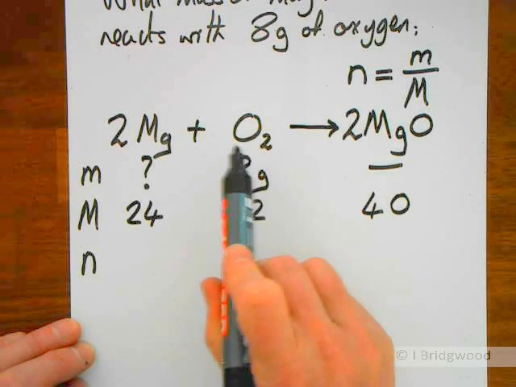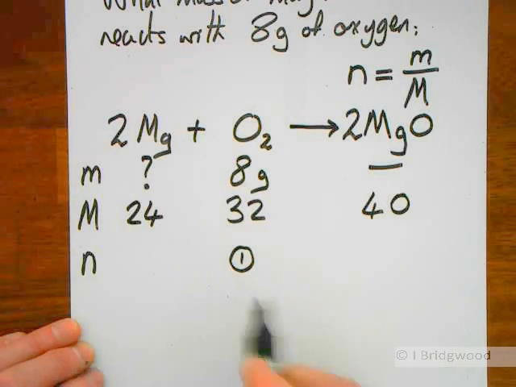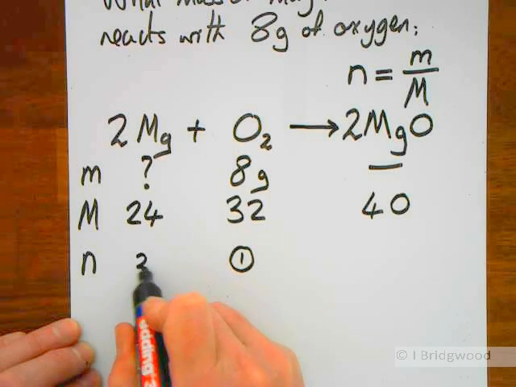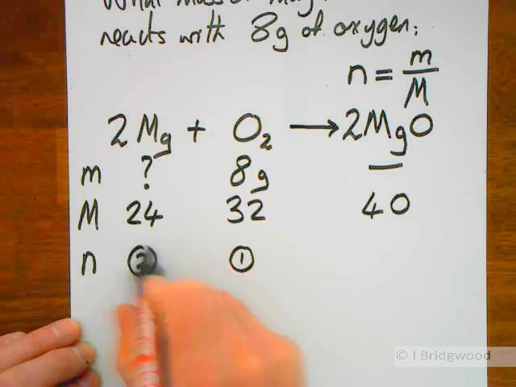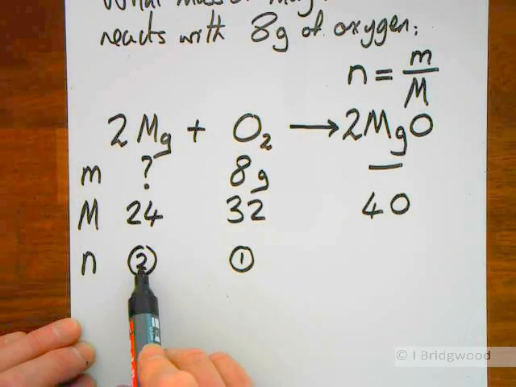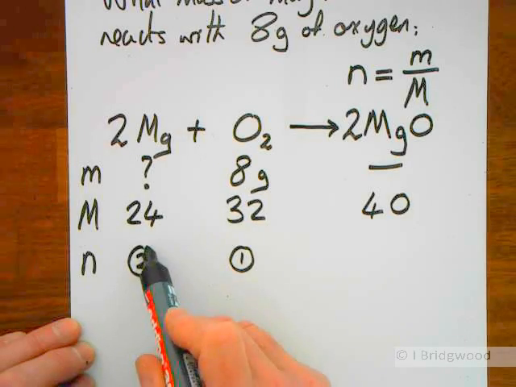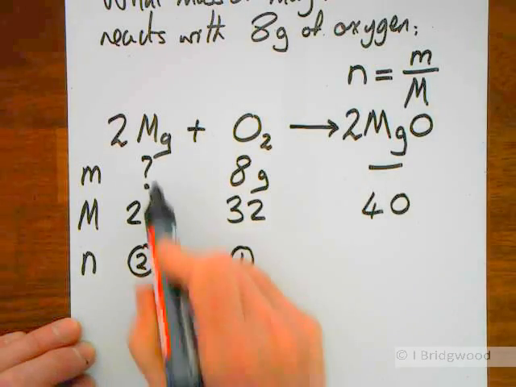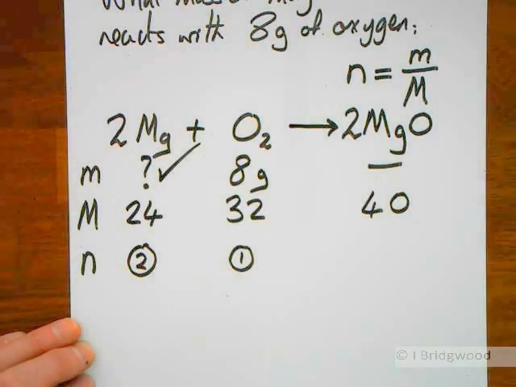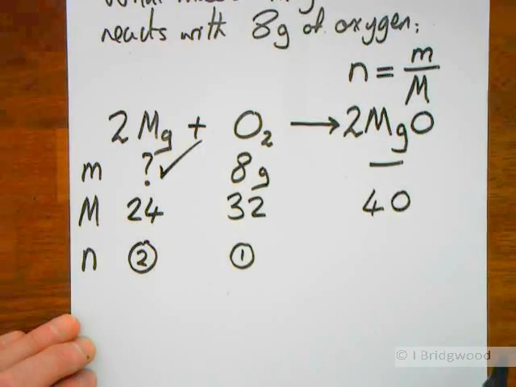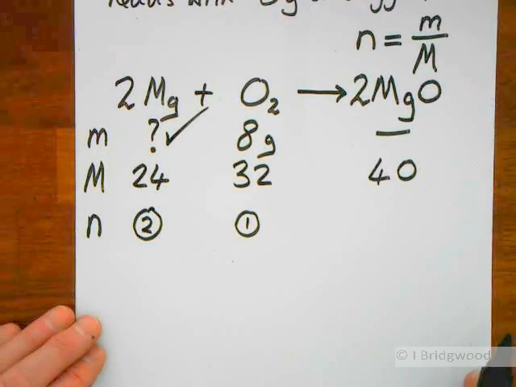Knowing our balanced equation, it is a 1 to 2 ratio, we can work out the amount of magnesium that we have. And knowing the amount of magnesium and the molar mass of magnesium, again 2 of the 3 variables, we can work out the mass of magnesium. So 3 simple steps we have.